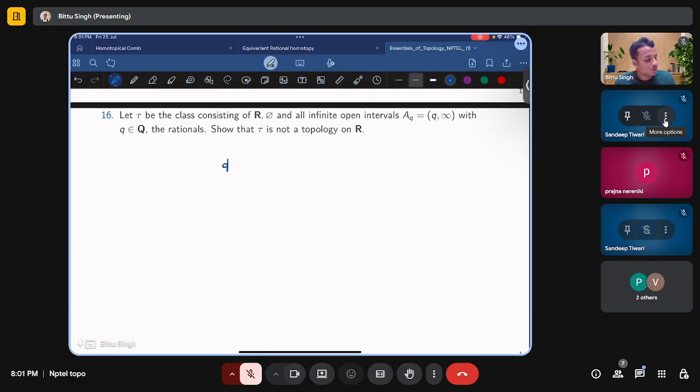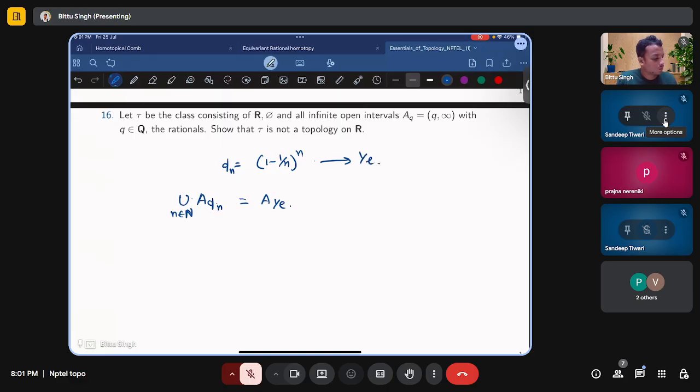You can take q, maybe denoted by q_n. Take q_n to be (1 minus 1 by n) to the power n. Then you can see the union of A_{q_n}, where n belongs to N. This converges to 1 by e.